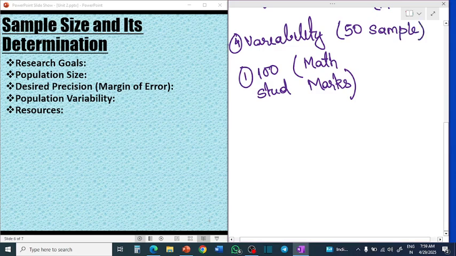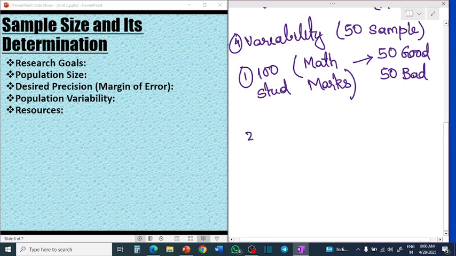If suppose in 100 students, there are 50 students who are good in mathematics and 50 students who are very bad in mathematics, your sample selection will be difficult because anyone can be very good or very bad in mathematics. This is called variability because there will be many changes.